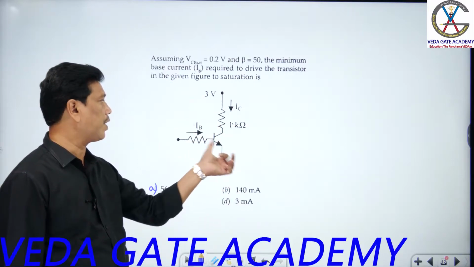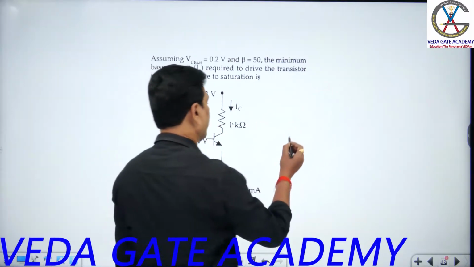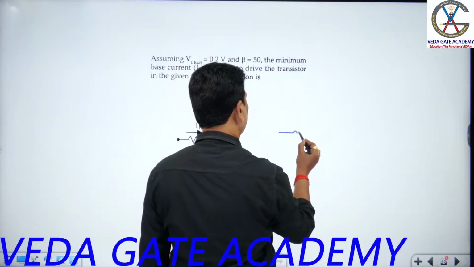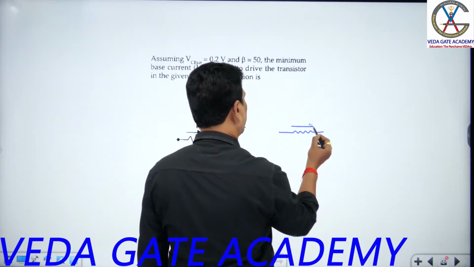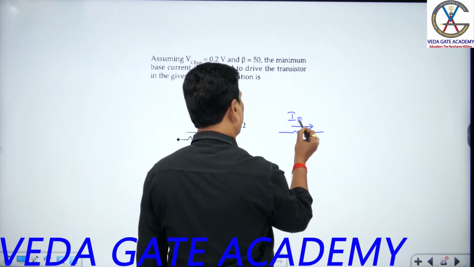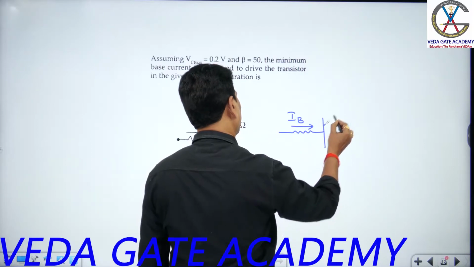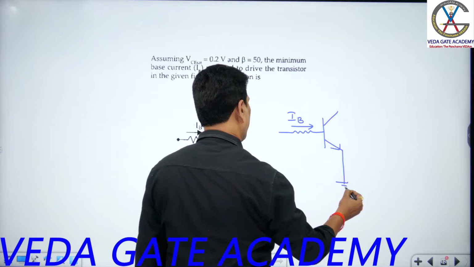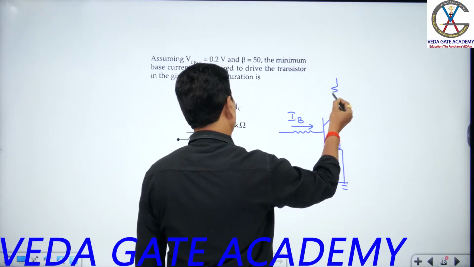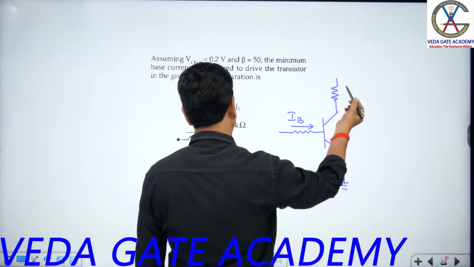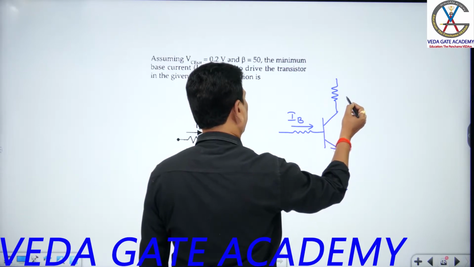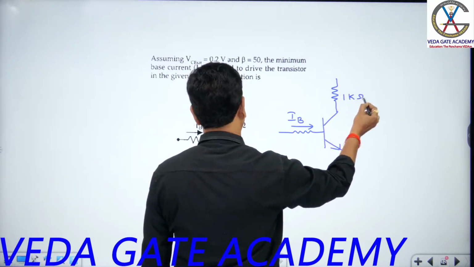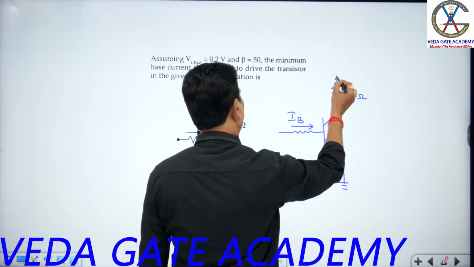Now I can redraw the figure, students. This is the figure given. This is IB. This is 1 kilo ohm, and this is 3 volt.